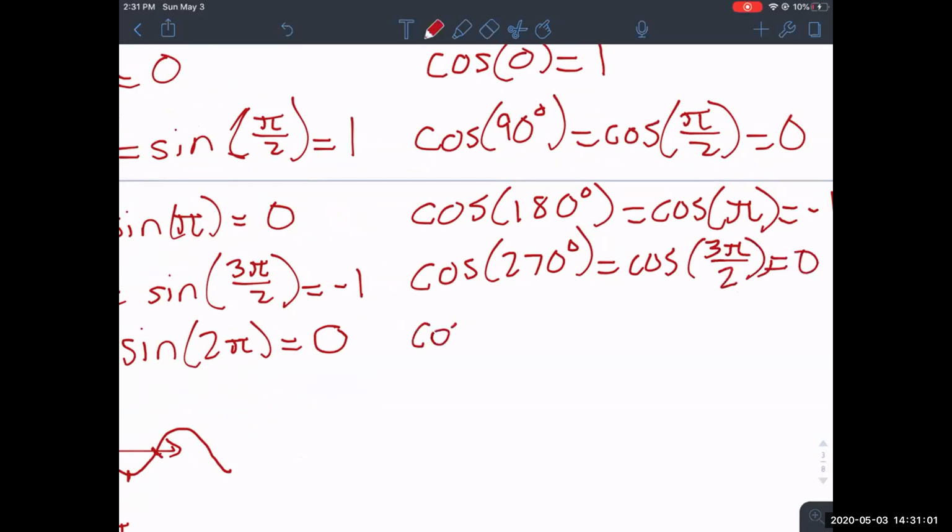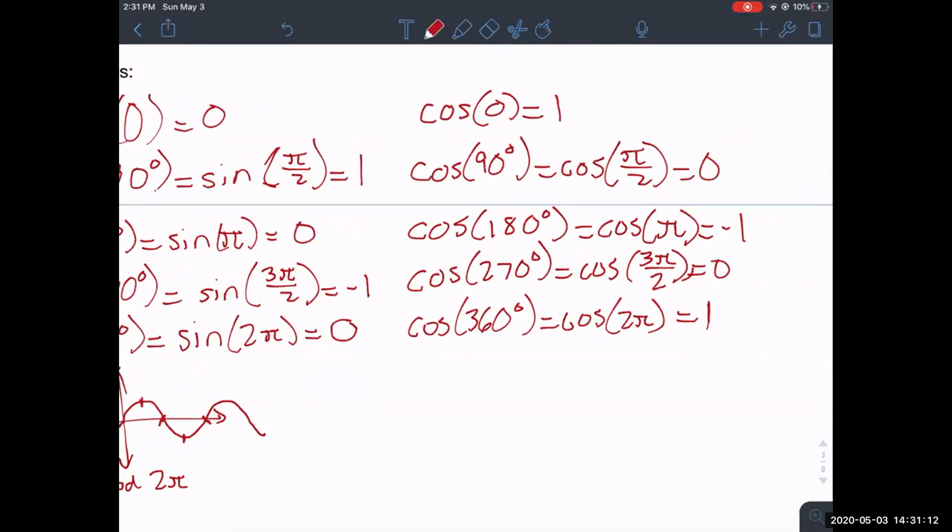And then cosine of 360 degrees, or 2 pi, goes back to 1. So there's the cycle. The cosine graph looks very similar to sine, except it's basically just scooted over a little.